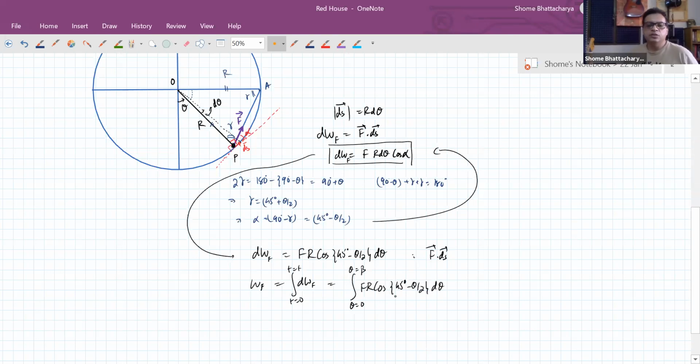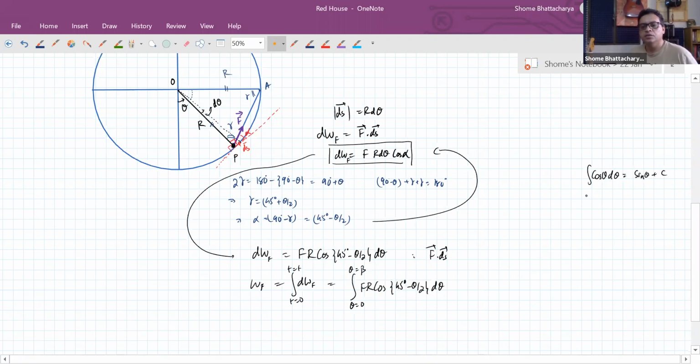Okay, so there are two ways of doing this. You can either substitute this and use it like this, that you know that integration of cos theta is sine theta. So integration of cos of, let's say, a minus theta d theta will become minus of sine a minus theta plus c.